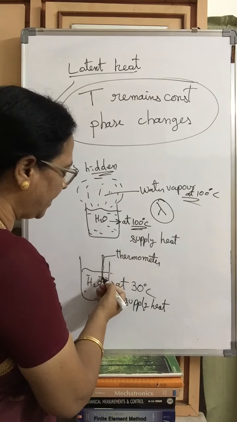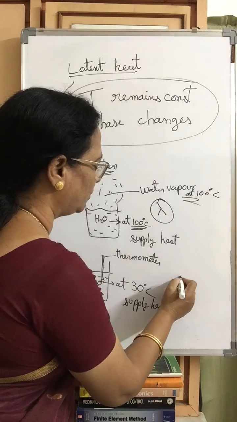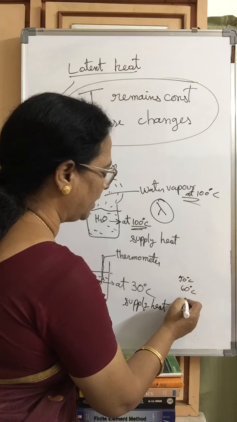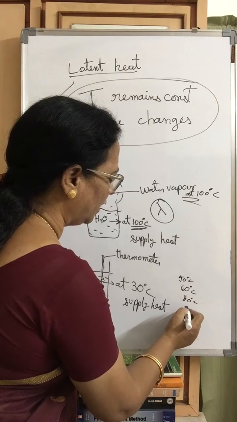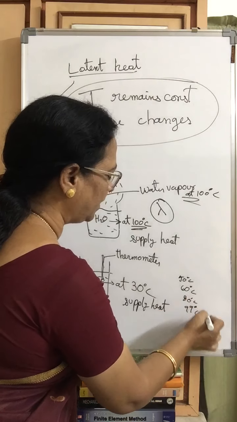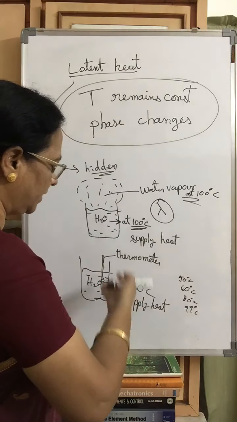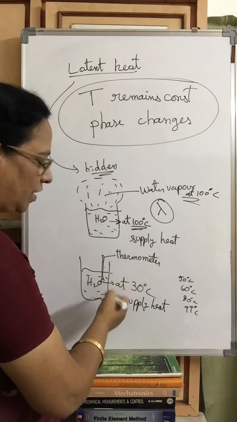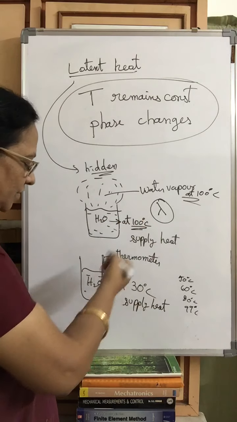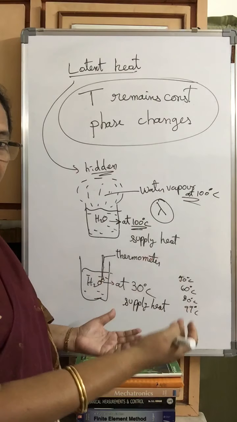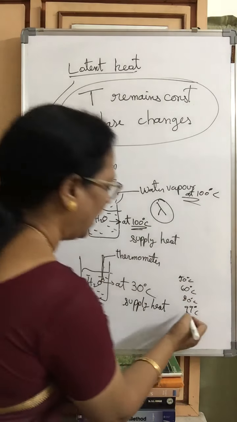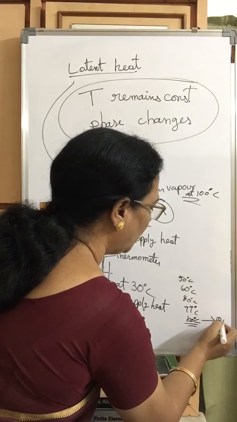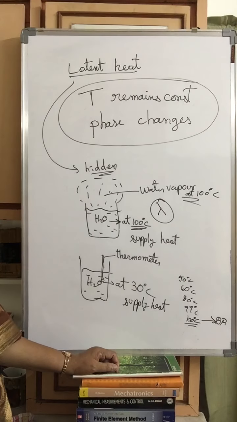It may rise first to 50 degrees centigrade, then 60, then 80, and so on, up to 99 degrees centigrade. The thermometer shows you that. So the temperature of water will go on increasing. We understand that it is getting heated and its temperature is increasing. And finally it will reach 100 degrees centigrade, which is its boiling point.